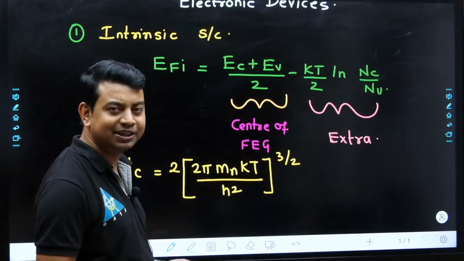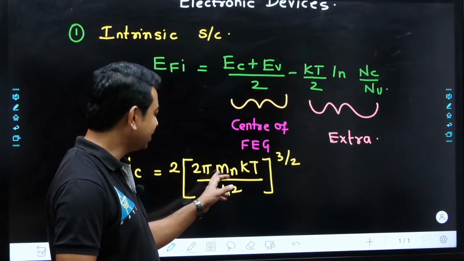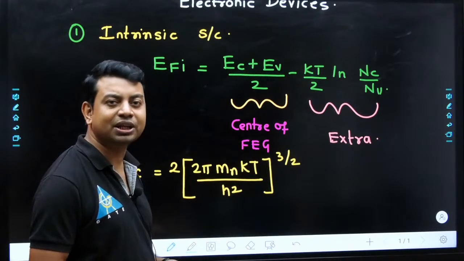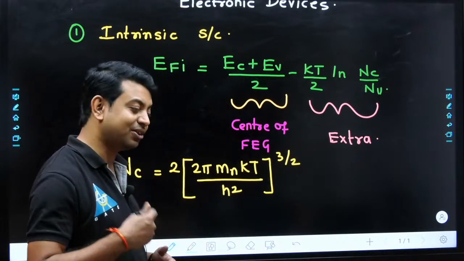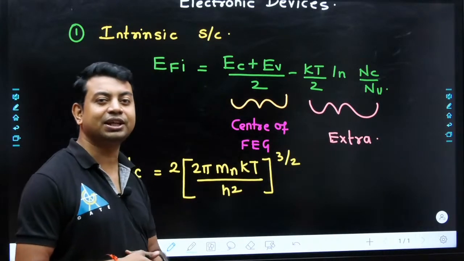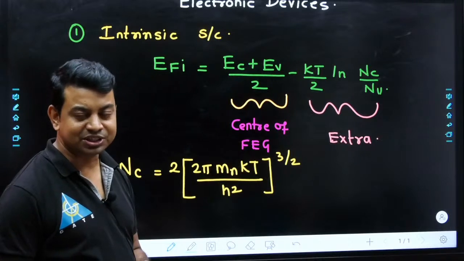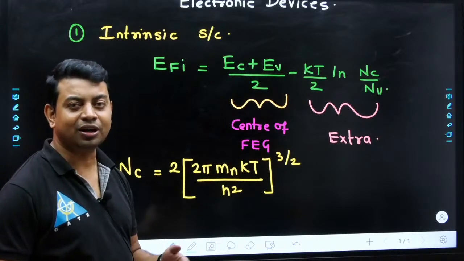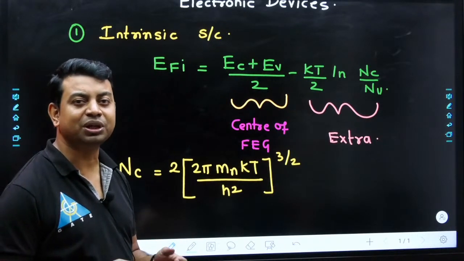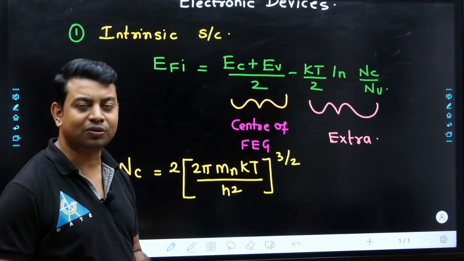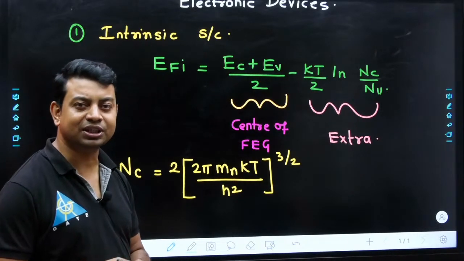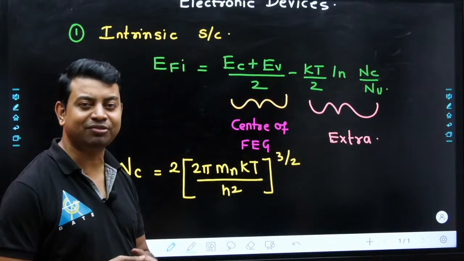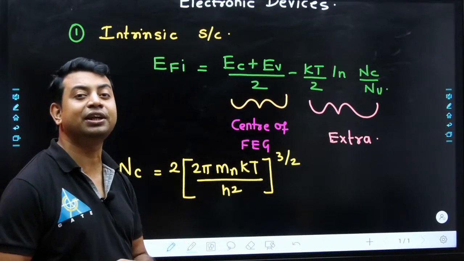This is 2 pi, again constant, and we are having mn. mn is nothing but the effective mass of electrons. We have already discussed in our previous lecture that we use this effective mass whenever the electrons are present inside a solid, not within a vacuum where we are having isolated electrons.